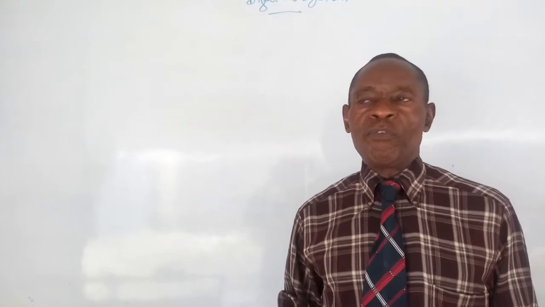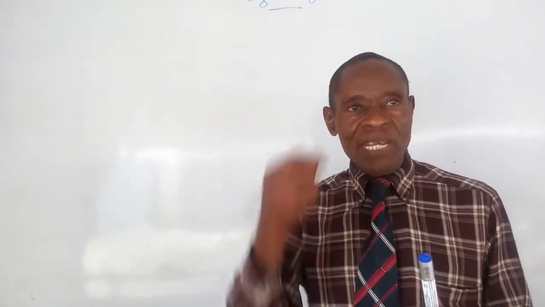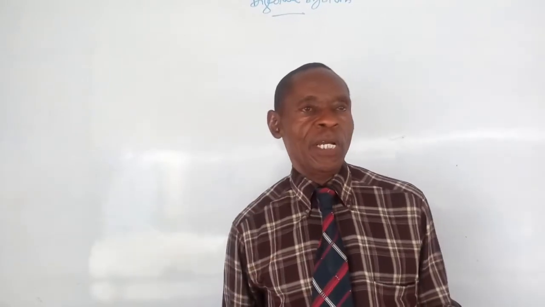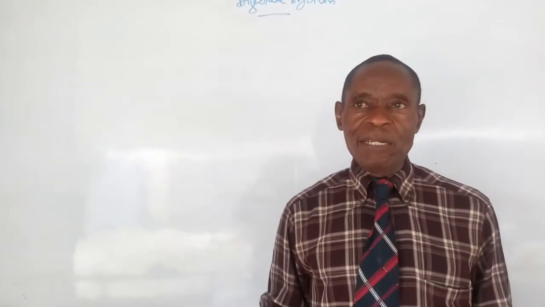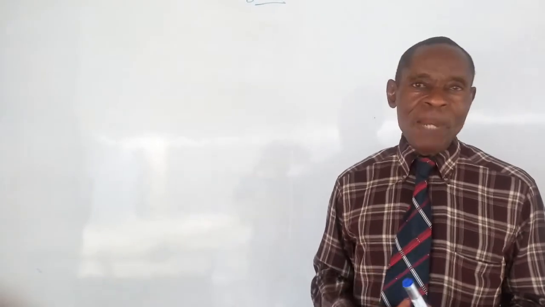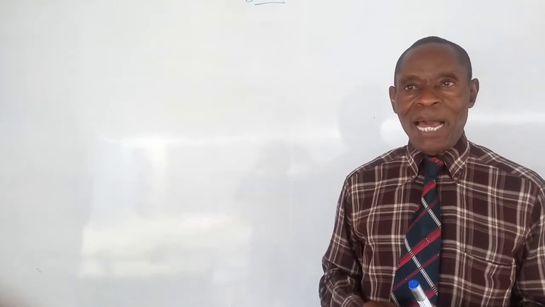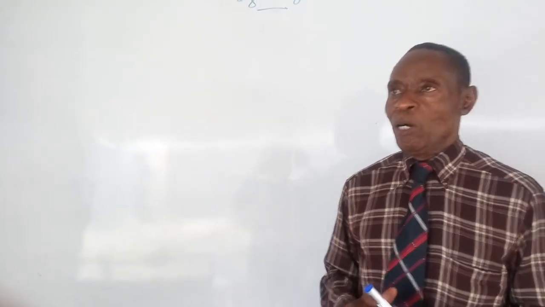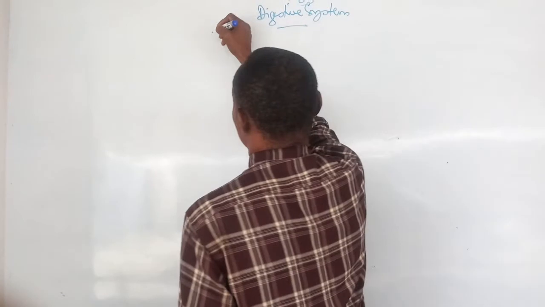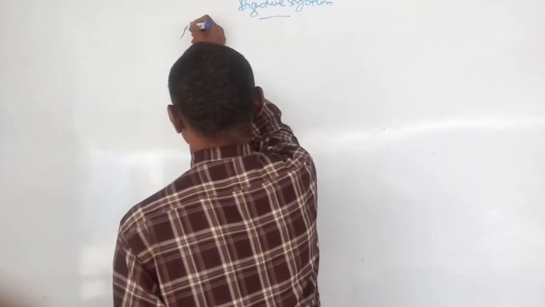The process begins from ingestion, which is the taking in of food, and then we have egestion, which is the removal of the undigested food from the body. Digestion takes place in the alimentary canal of man, that is the digestive system.